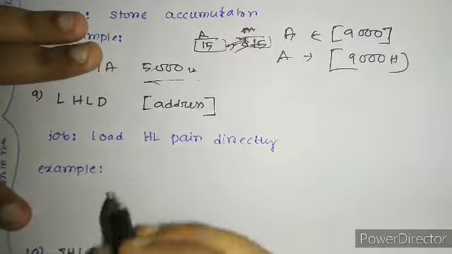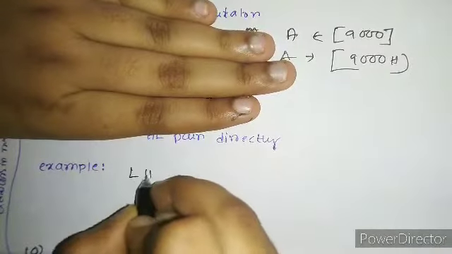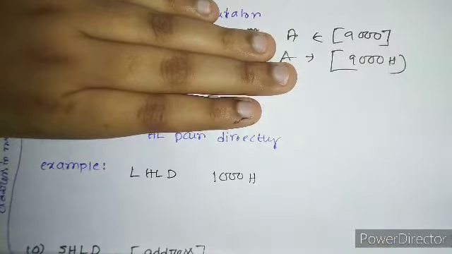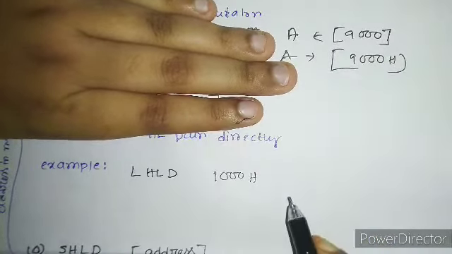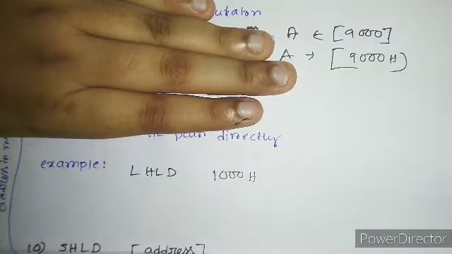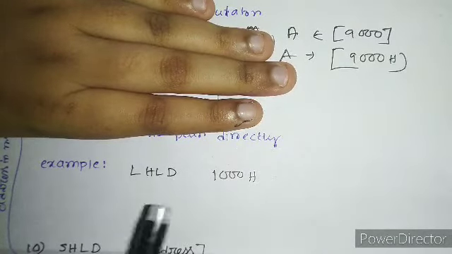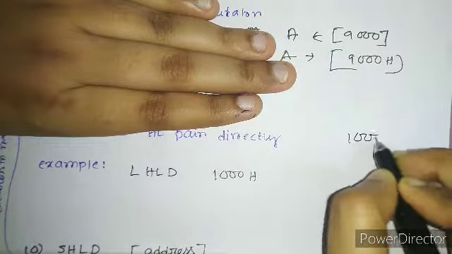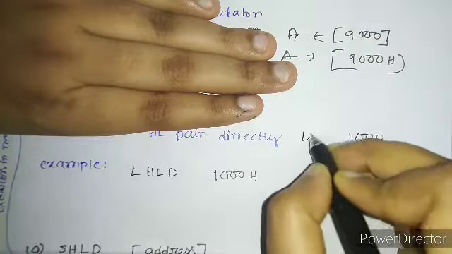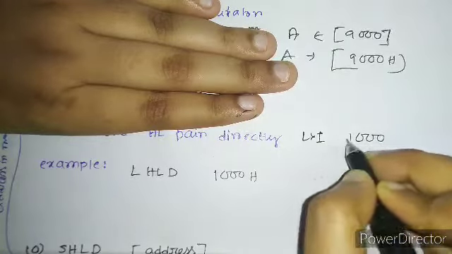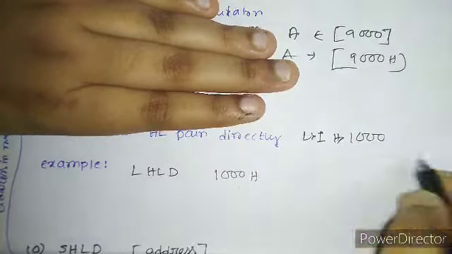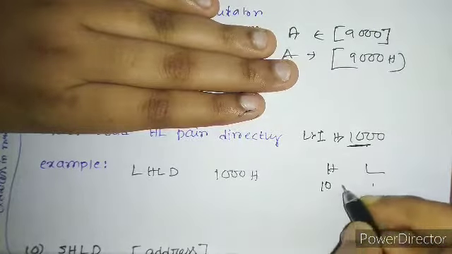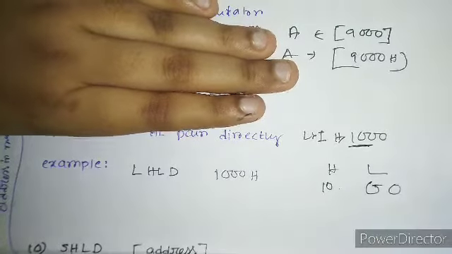An example is LHLD 1000H. 1000H is a 16-bit number, but there is no I, so this is not data. If I had to store 1000, then I can simply write LXI H comma 1000. Then HL will get higher byte 10, lower byte 00.